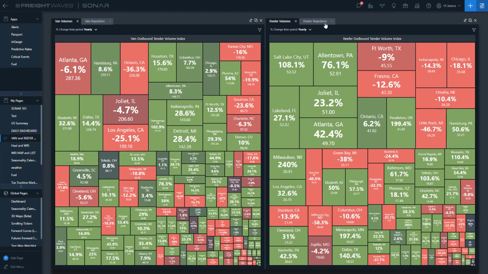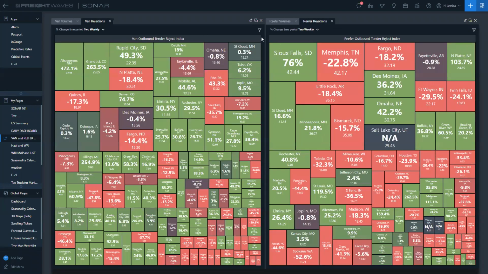On the flip side, I have rejections as well. You can look at the tree map to identify what markets are growing or contracting on a rejection basis. And why is that important? Because that is carrier sentiment. If rejections are increasing, those shippers might be feeling a little bit of pressure.